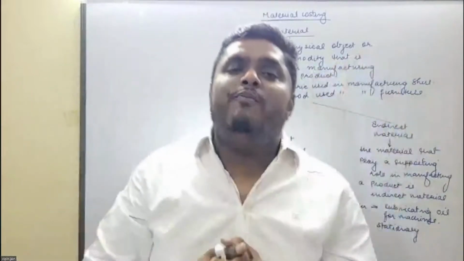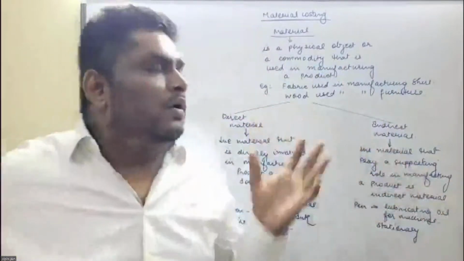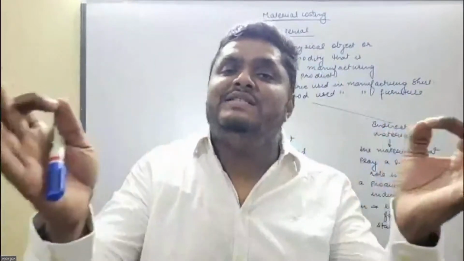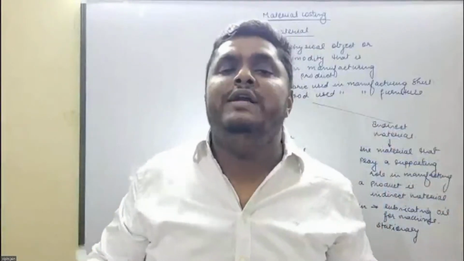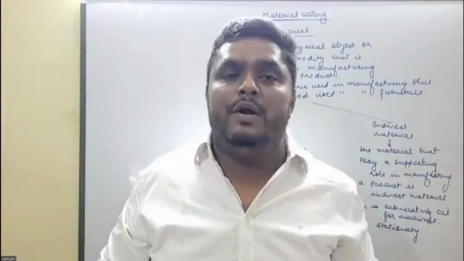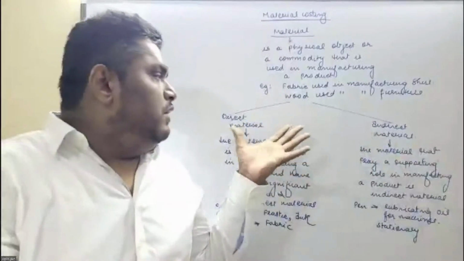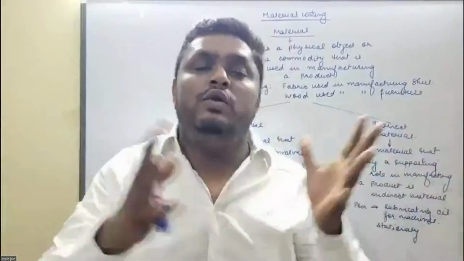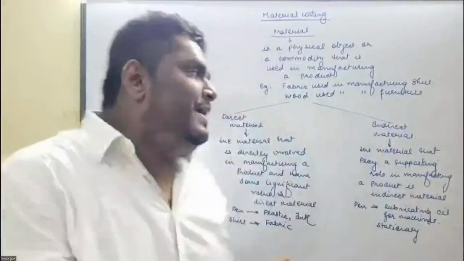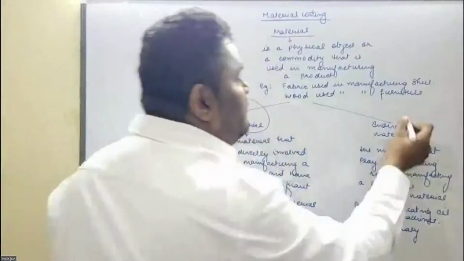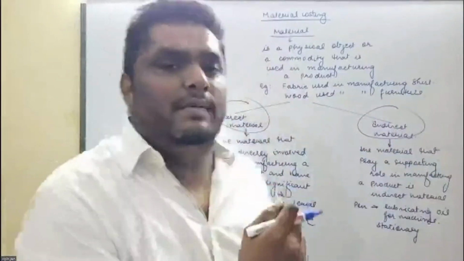So let's sum up what we have discussed till now. What is material? Material is a physical object or a commodity that is used in manufacturing a product. Material can be classified in two ways: the first one is direct material, the second one is indirect material.